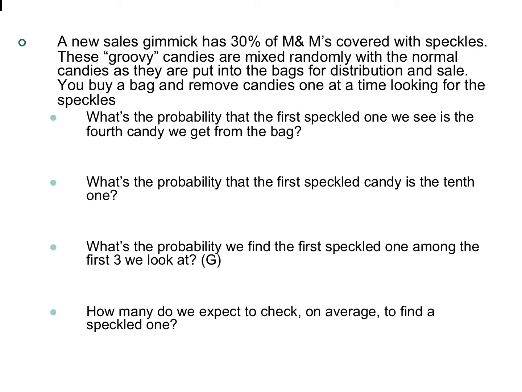I'm going to pick out 5 M&Ms. I'm going to pick 10 M&Ms. What's the probability I get a certain number of speckled M&Ms in that 10? So binomial has a set number of trials. It's like 3 out of 5, 4 out of 6. And geometric is the first success is on this trial. So what situation am I looking at? The first speckled one we see is the fourth candy we get from the bag.